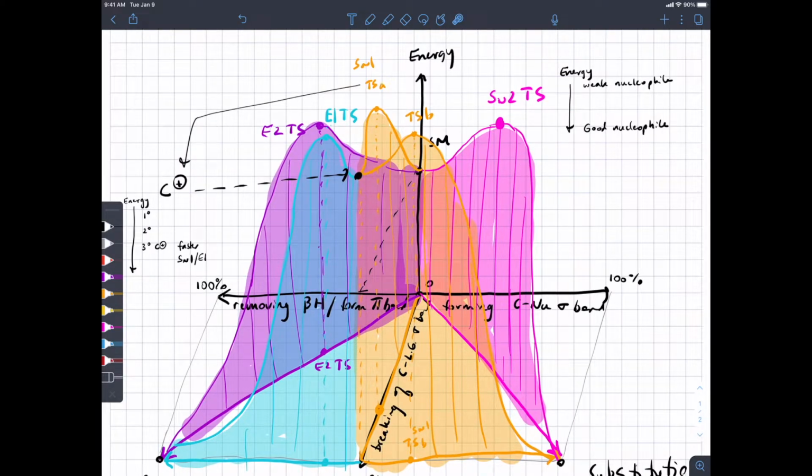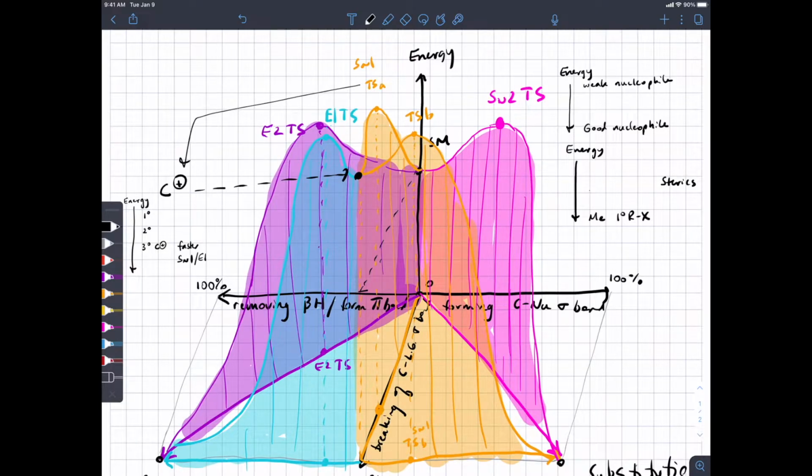The other thing we're going to see in terms of the SN2 reaction is that because we have backside attacks, sterics is going to matter. So it's going to be easier to do the SN2 reaction for methyl and primary alkyl halides.